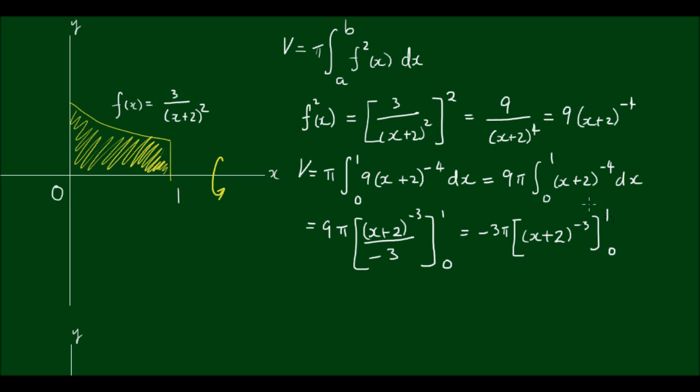So to evaluate, I just sub in for x is equal to 1 minus x is equal to 0. I'm running out a bit of space, so I'm going to continue down here.